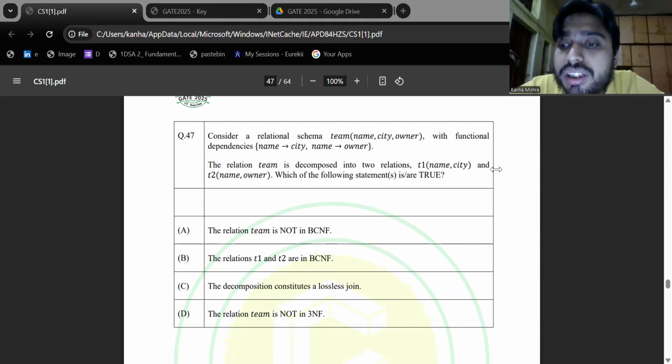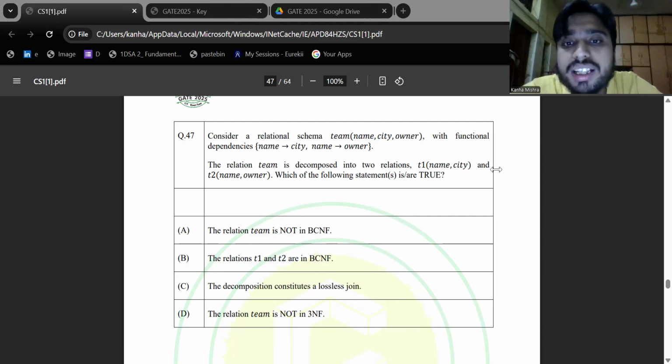Option C: the decomposition constitutes a lossless join. True, the common attribute name is a key in both decomposed relations. Option D: relation is not in 3NF. False, since name is a super key, all the functional dependencies have LHS satisfying 3NF.